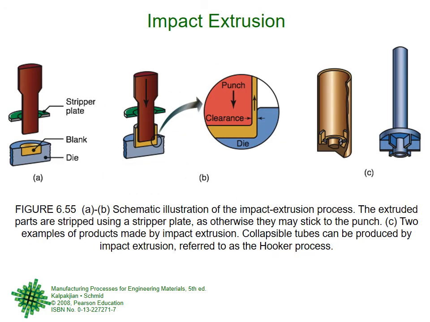Finally, impact extrusion. In normal extrusion, which we were showing until now, the load is applied gradually. Remember your tensile test in material science: you are applying the load on the piece, gradually increasing until it breaks.